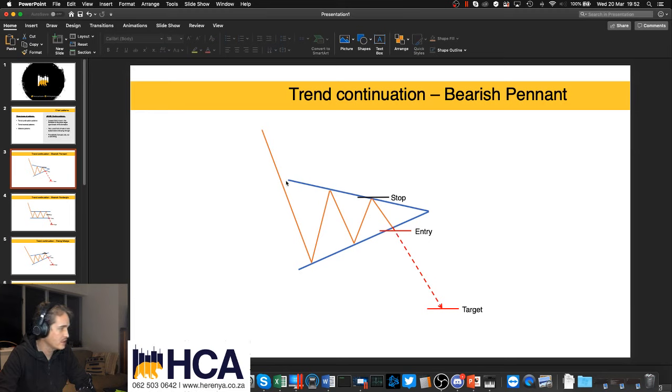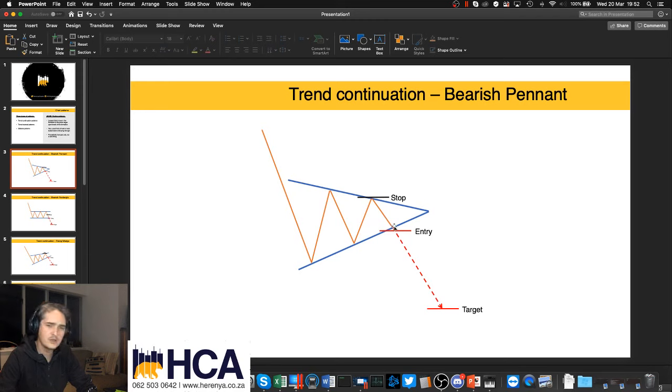we could target this distance here, basically. This first impulse move here is the target to the outside, and the stop loss would be on the extreme. Some people would put the stop loss in the middle to be ultra safe, and often they do that because they want to manipulate the risk reward of the trade in order to work.